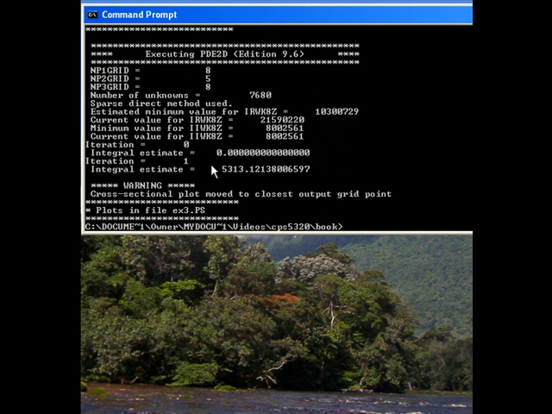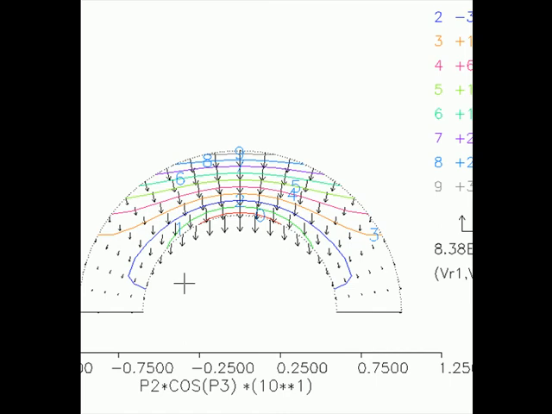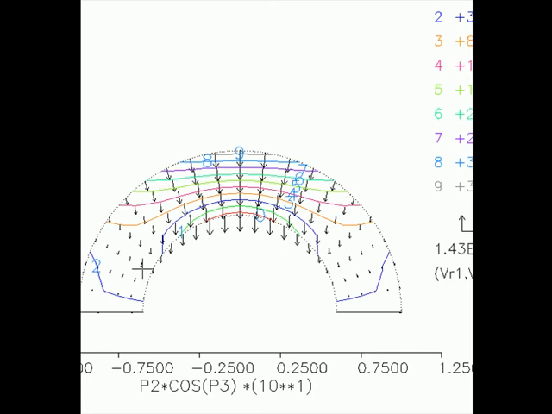Now let's look at the plots. Okay, here's the plot at the x equals 5 cross section. That's right, sliced right in the middle. And here it is at the far end, x equal to 10.